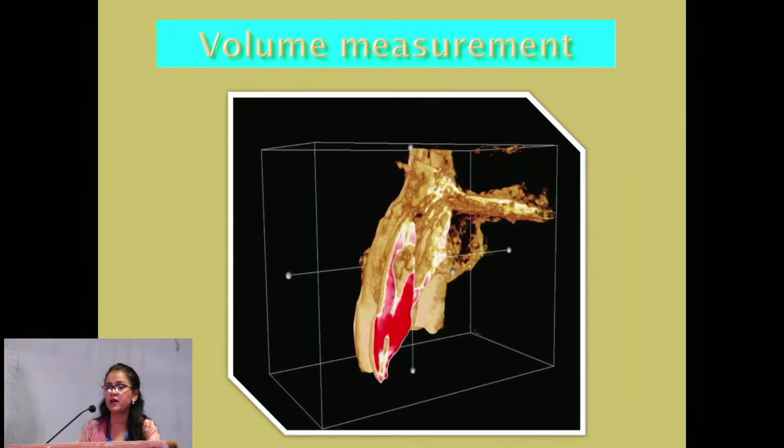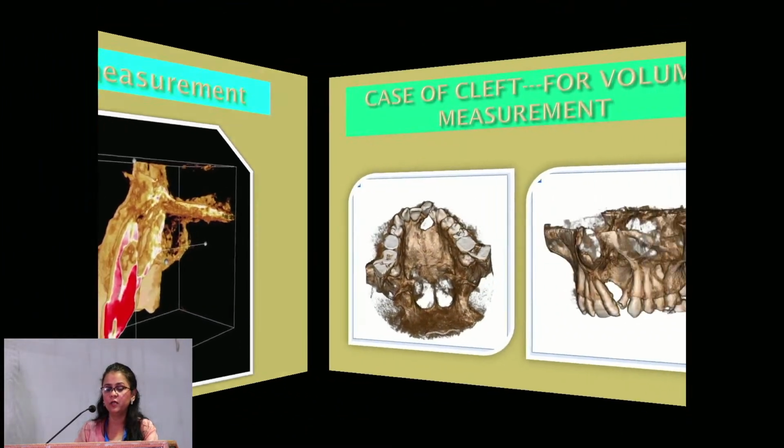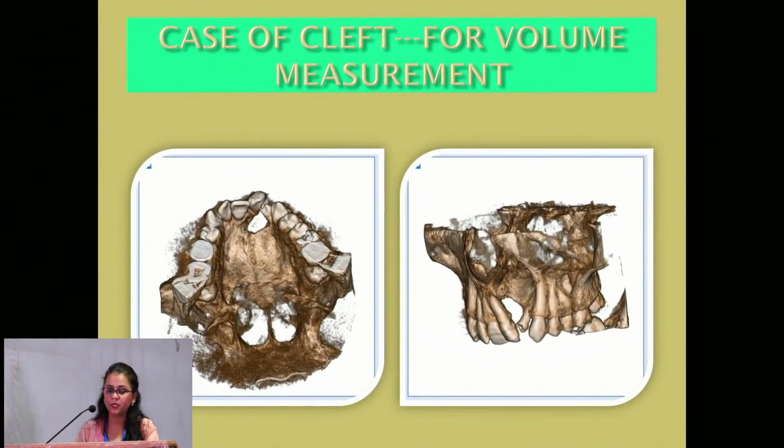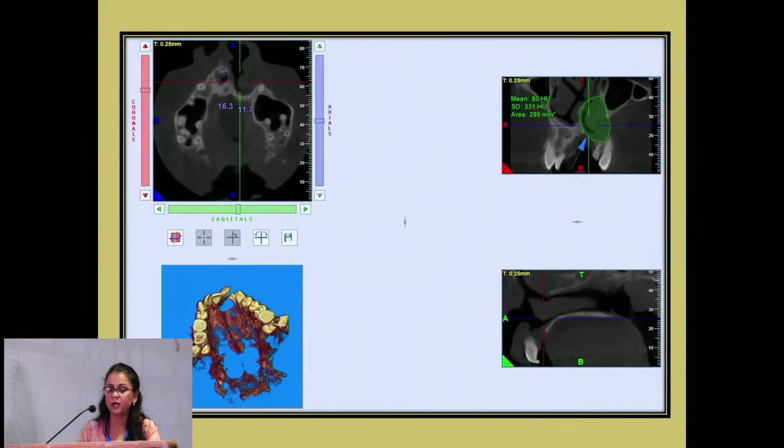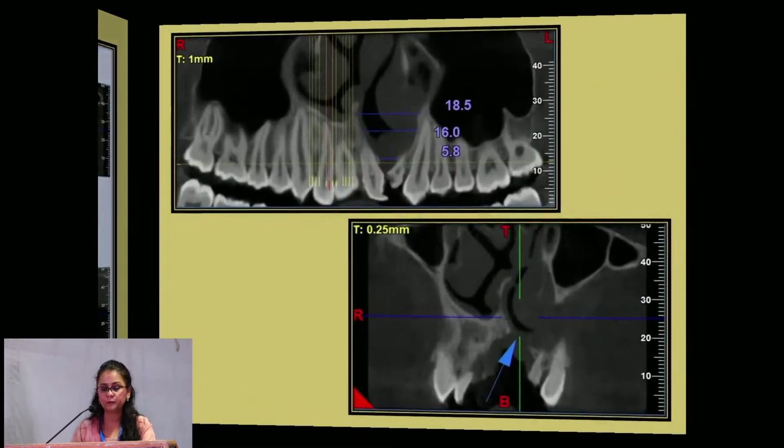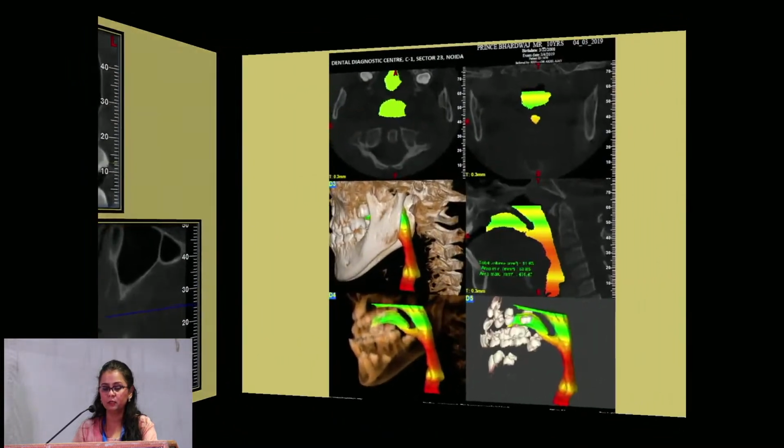Volume measurement: as far as 2D is concerned, we are always doing multiple measurements from Cameriere's technique and other techniques. But as far as CBCT is concerned, you can measure the pulp volume and determine the age of the patient. These are some cases of cleft. Just showing you the amount of radiolucency and the HU units, the measurement that can be done.